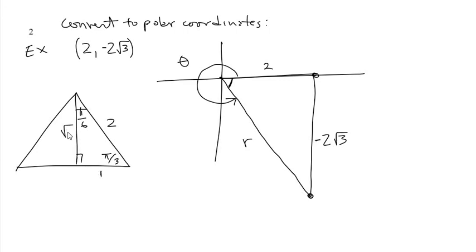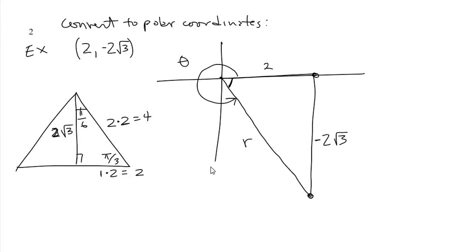That leg is 1, and that leg is root 3. But in this triangle, the leg here is 2 root 3. So I need to double the root 3. So I need to double this hypotenuse, and I need to double this leg down here. In other words, I made all the side lengths 2 times bigger than what I use most of the time.